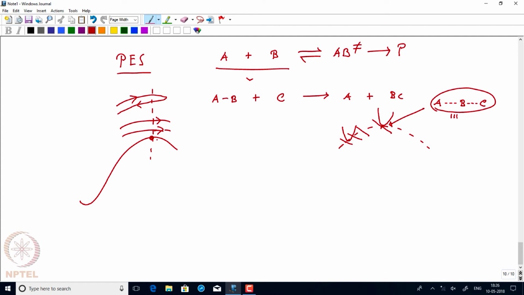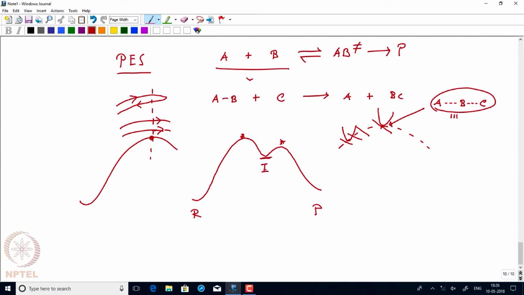A complex means something which is stable along all degrees of freedom, meaning a reaction intermediate will have a minimum even along the reaction coordinate. And so these are basically the transition state going from a reactant to a bunch of products, and this is an intermediate.